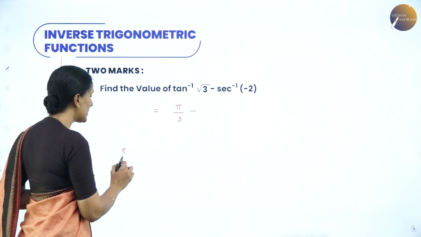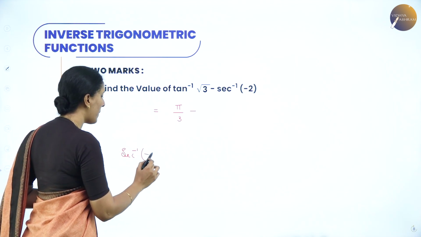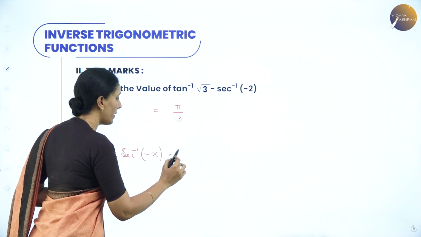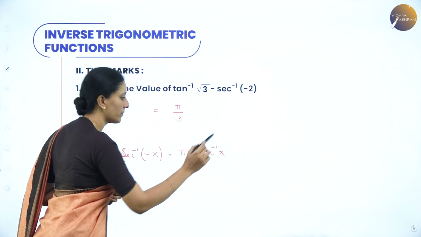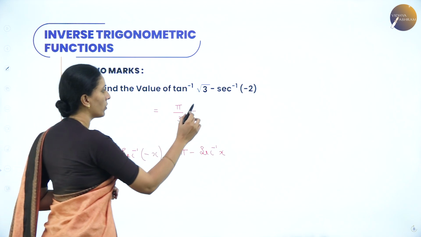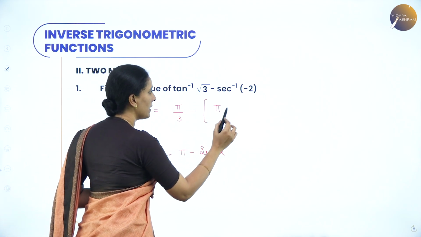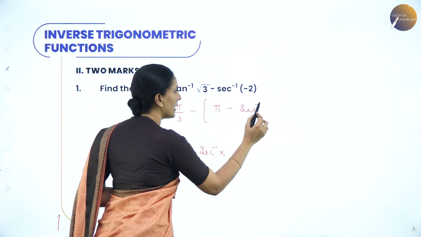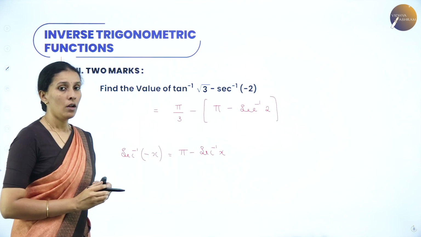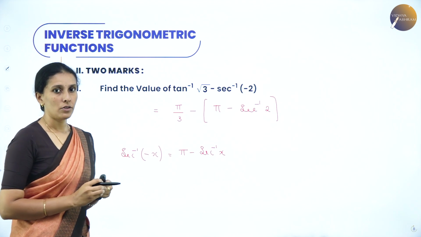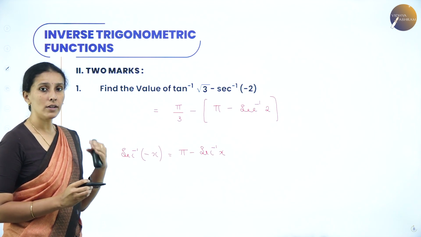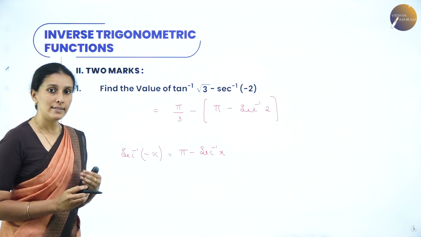We know that secant inverse of minus x should be written as pi minus secant inverse x. So this can be written as pi minus secant inverse 2. Now, secant inverse 2 for what angle? We can also take cos inverse of 1 by 2 is 60 degree.